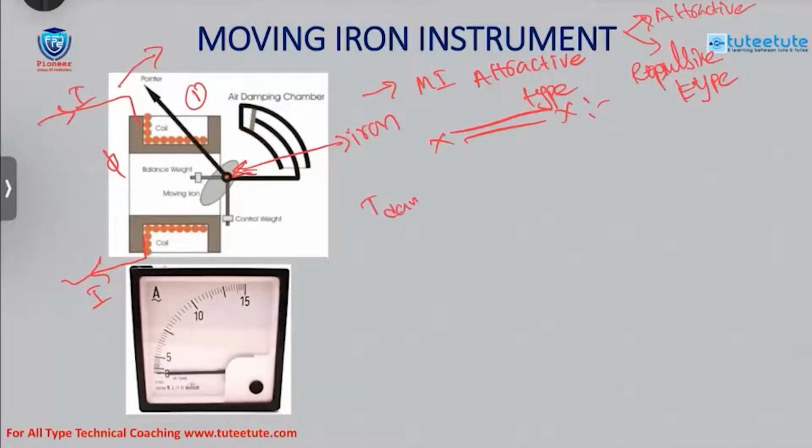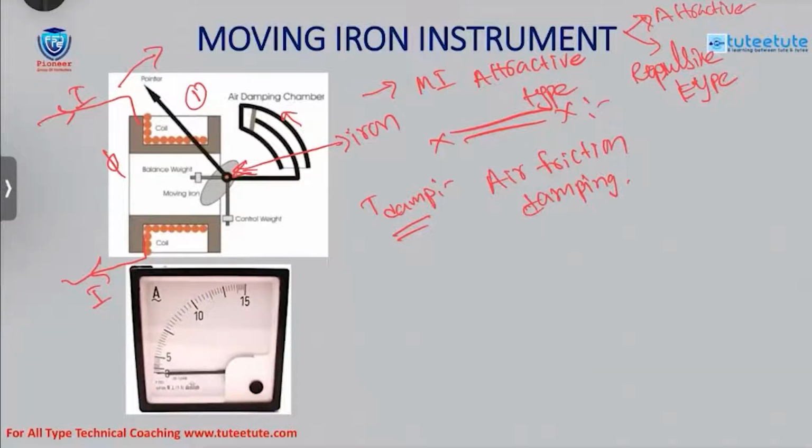The damping torque is developed by using air friction damping. By seeing this picture itself, we can imagine that whenever this pointer is moving, the piston is pushed inside the tank. It is just like our cycle pump.